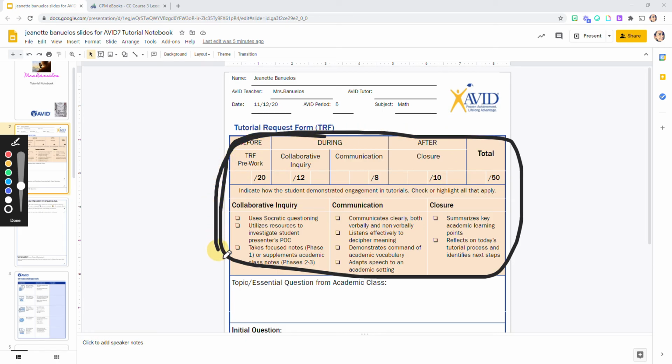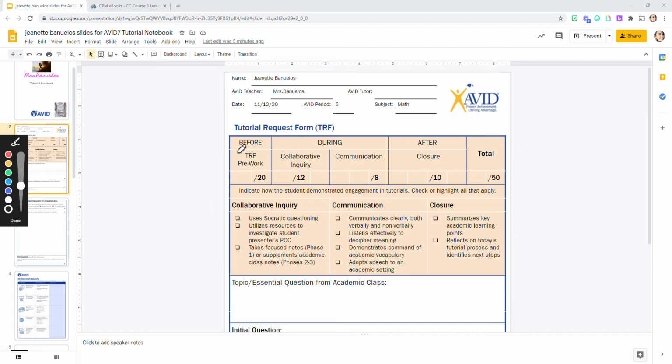This is what the tutors use to grade your tutorial request form. And remember, the tutorial process is broken down into three categories: before, during, and after. What we're going over today is the whole before, the TRF pre-work. So let's get started.